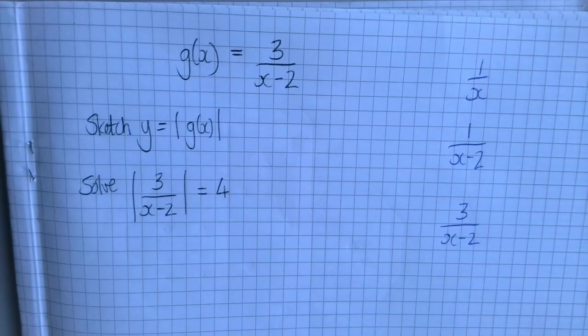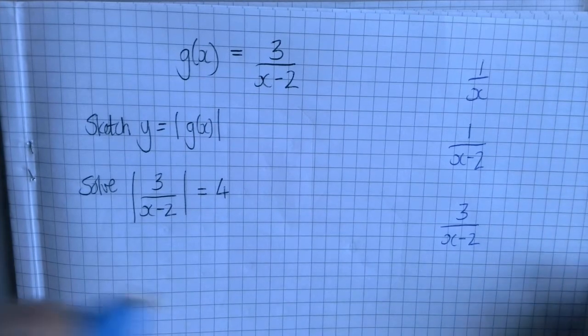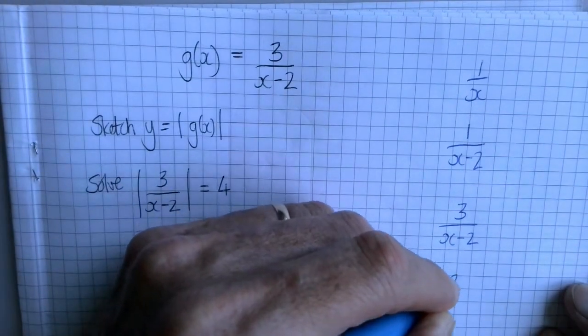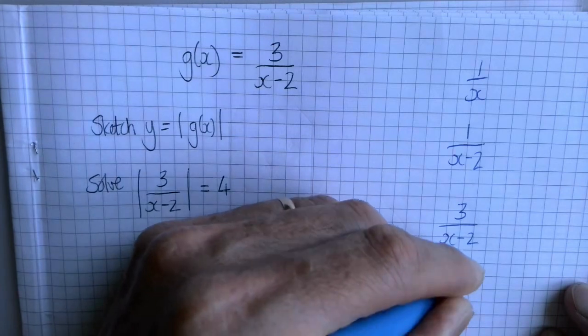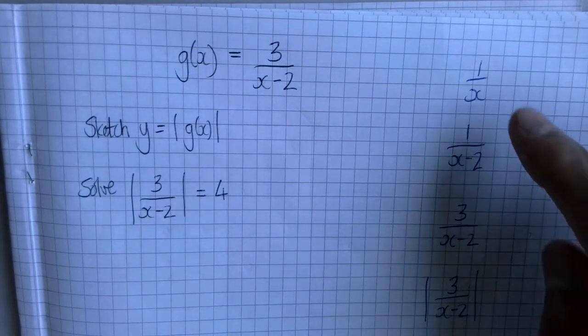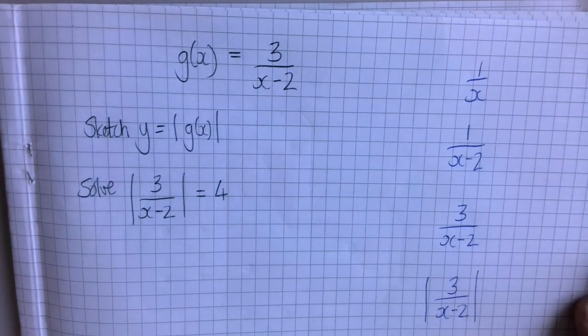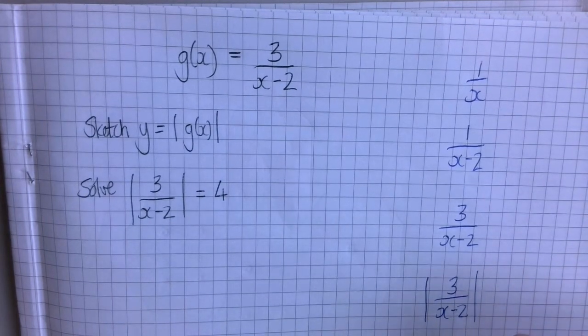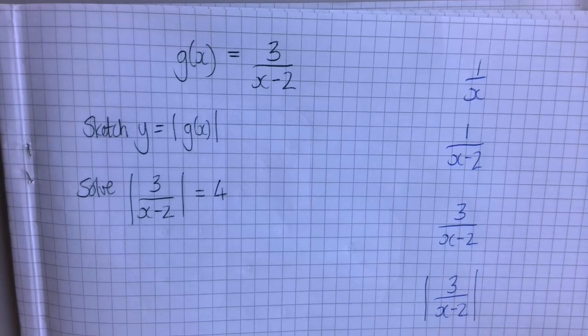Hopefully you remember what that is. And then think about what the modulus of that would look like. So just pause at this point and see if you can go through that sequence and sketch those functions, ending up with this sketch here. And of course you can always check it on your calculator. Pause and have a go.